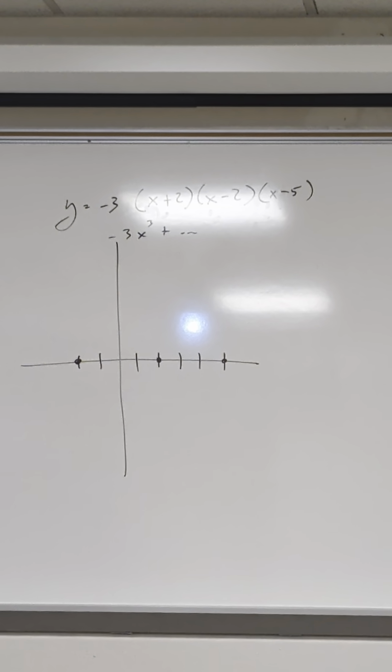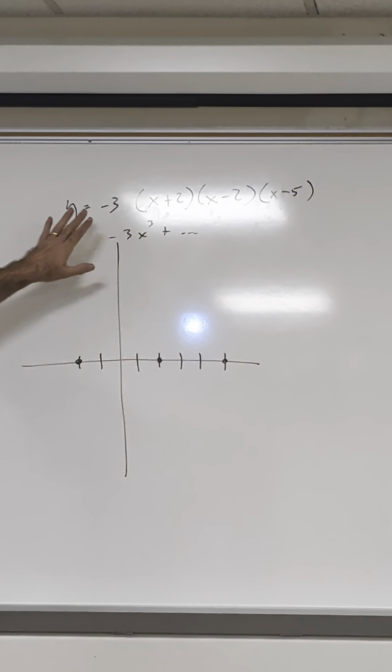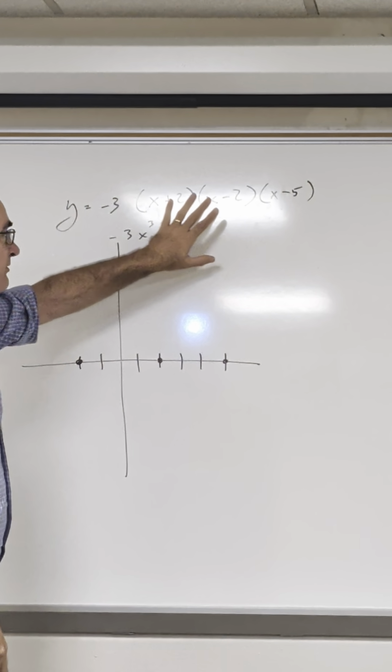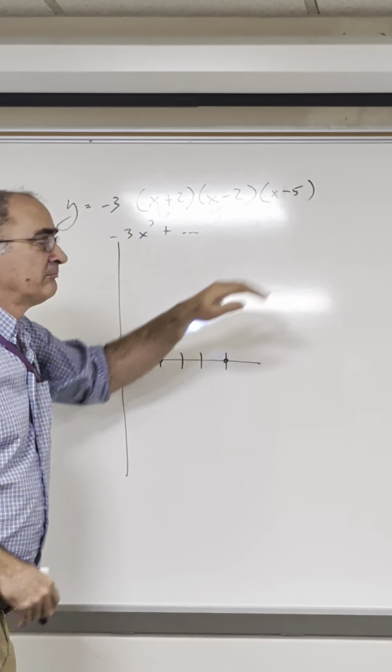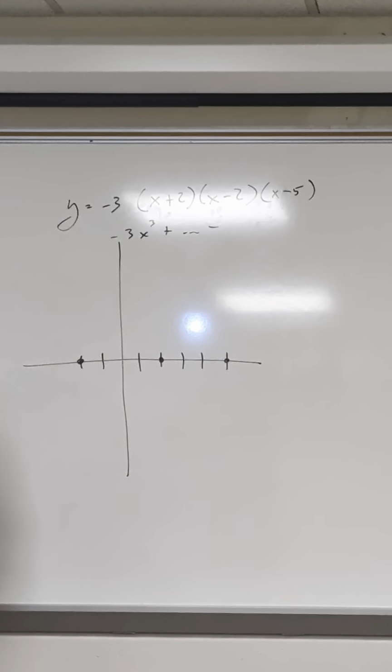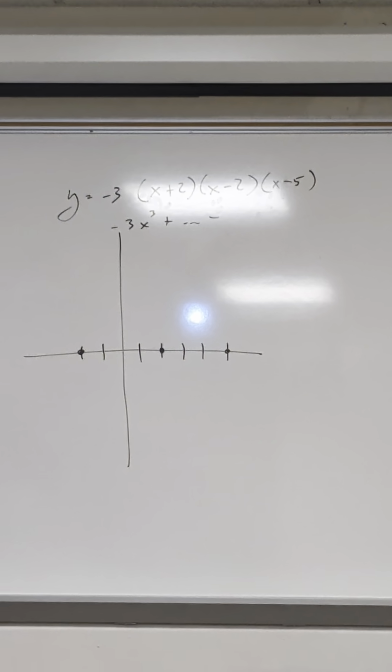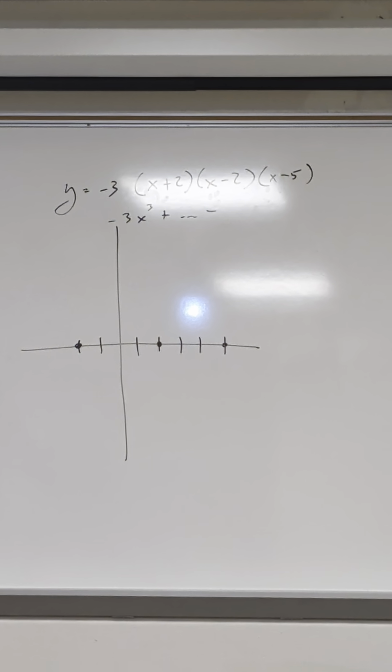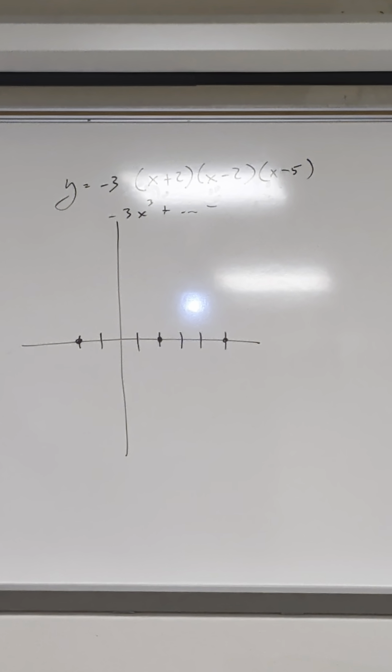Last term, count the negatives. It's going to be negative, negative, negative. 3 negatives. Well, when you start with 3, you can cancel a pair of them, but that still leaves you with a negative number.